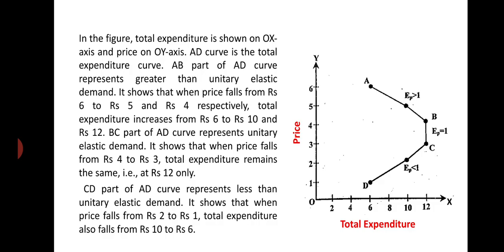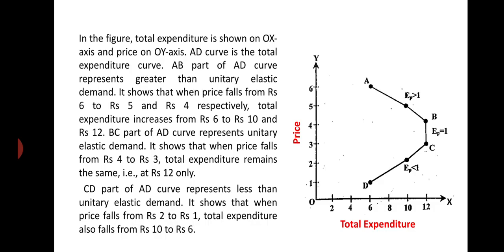Right. At first, the price of the commodity was 6 rupees per unit. As 1 unit is purchased, total expenditure becomes 6 rupees. Then at 5 rupees, 2 units are purchased, total expenditure becomes 10 rupees.